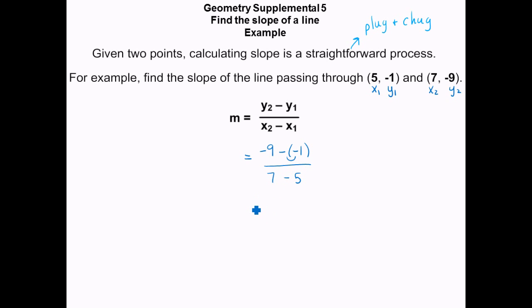Double negative is a positive, so that's negative 9 plus 1, which gives me negative 8. 7 minus 5 is 2. Negative 8 divided by 2 is negative 4. So there's my slope. I plugged, and then I chugged.